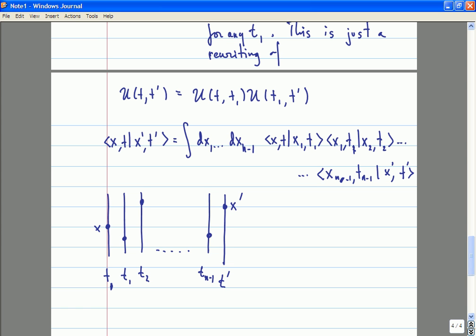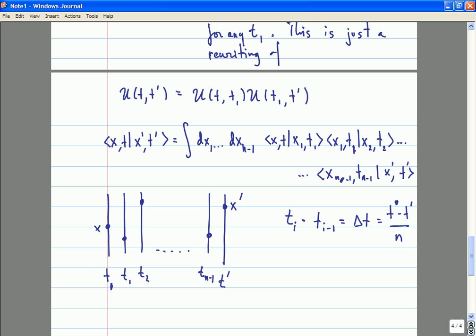And I'm going to choose my time interval delta t to be very small. So what is delta t? Delta t is the spacing between ti minus 1 and ti, which is t minus t prime divided by n, or I guess I call it little n here, which is the total number of intervals.